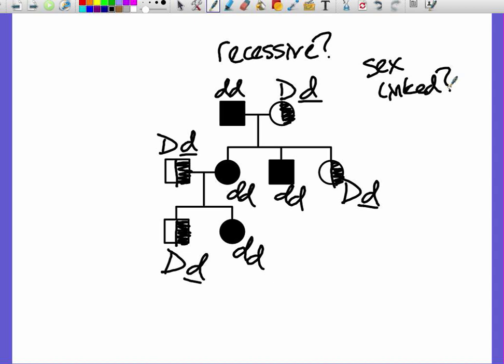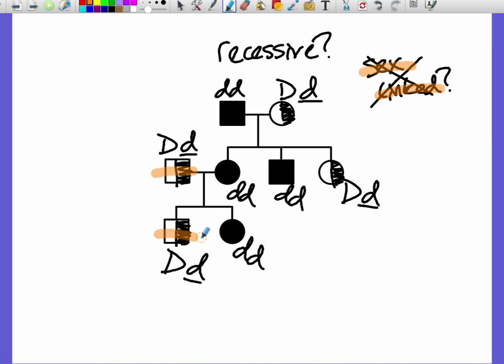And since that's not possible for dad in generation 2 and for the grandson to be carriers, this is not going to be sex-linked. And it's for the same reason as before. It can't be sex-linked if you have carriers that are males.